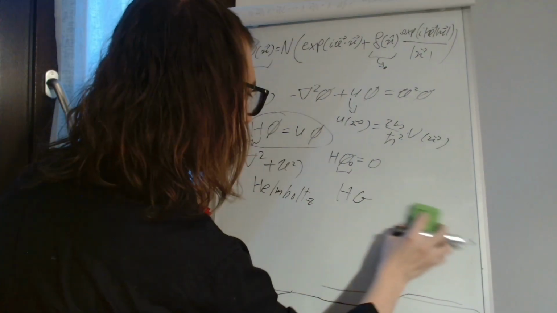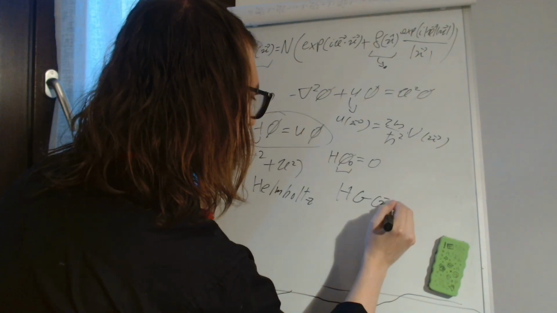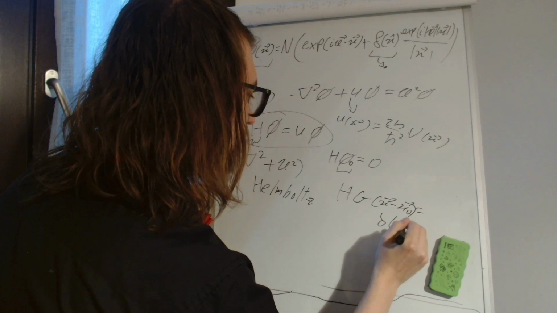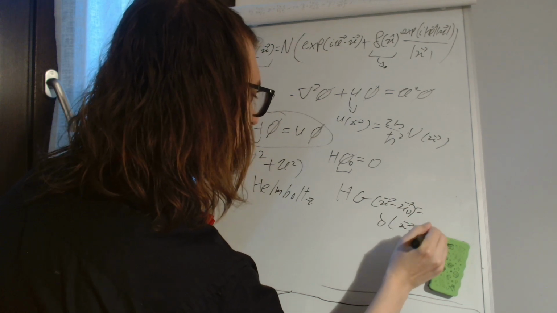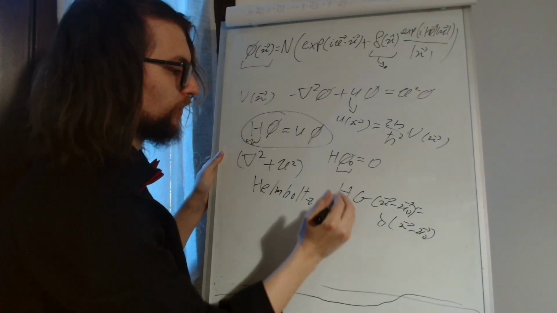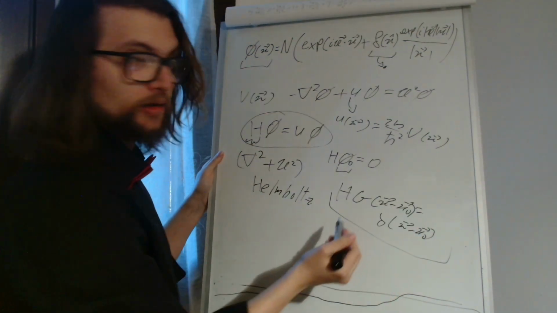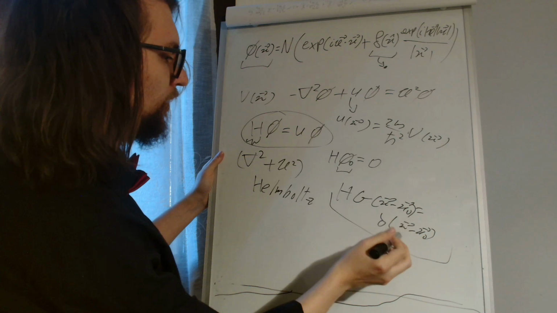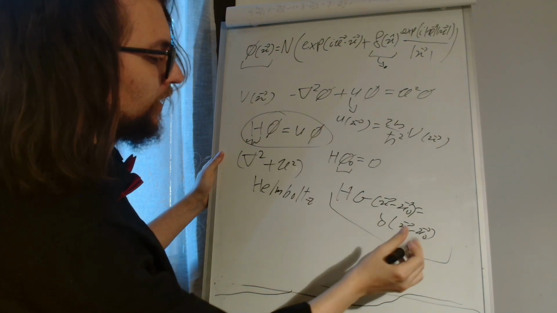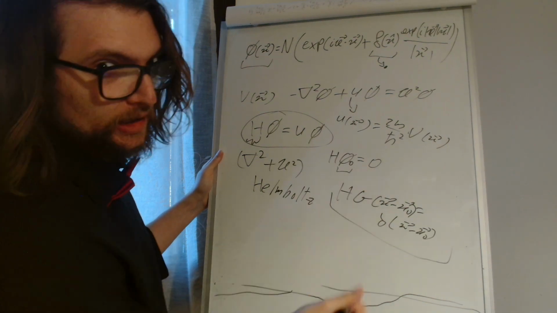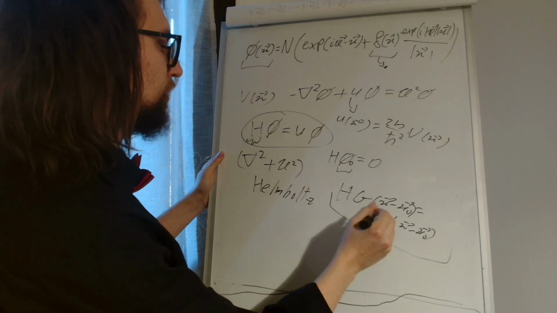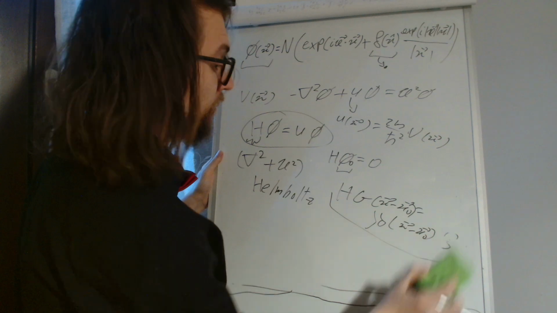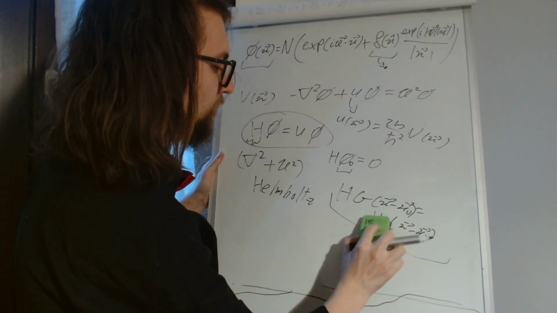It is usually written for G of x minus x0 equals delta of x minus x0. The solutions to this equation are called Green functions, and delta is the Dirac delta, so this is 0 everywhere except at x equals x0, where it is infinite. But if you integrate and do the convolution with another function, it becomes a finite quantity.